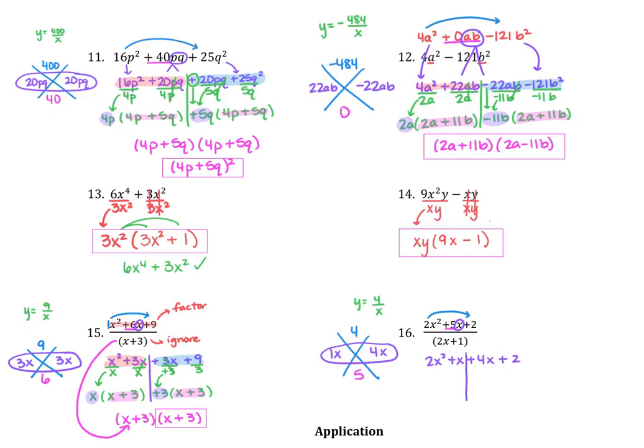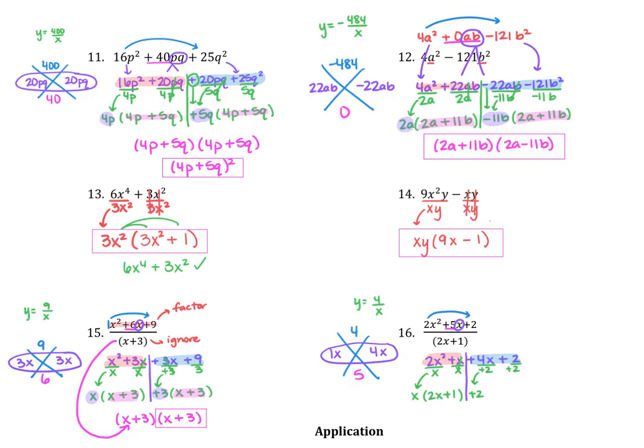Split into 2. Looking at the first binomial, I see that they have an x in common. Pull that out in front of my parentheses. 2x squared divided by x. If I pull an x out, I'm left with 2x. x divided by x, remember anything divided by itself is 1. Look at the back binomial. I see that they have a 2 in common, and since that first term is positive, that is what I'm going to divide by.